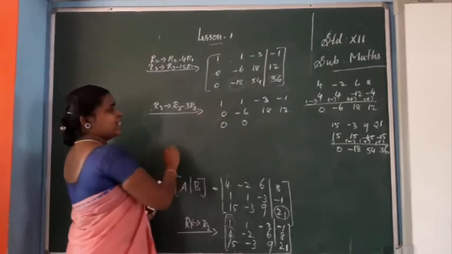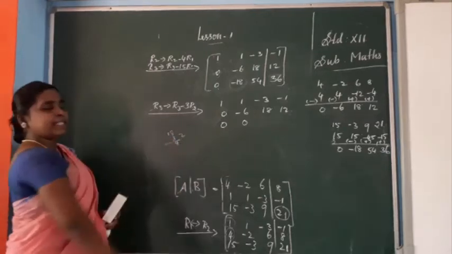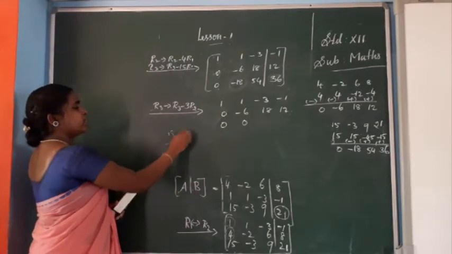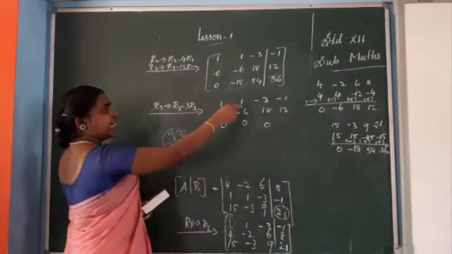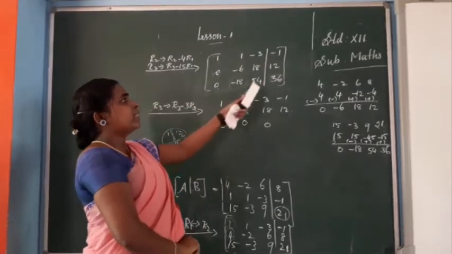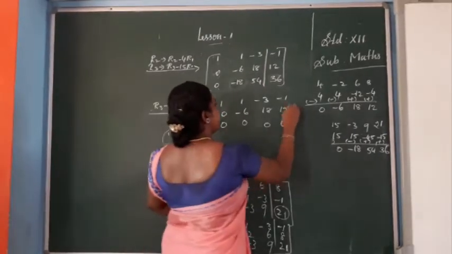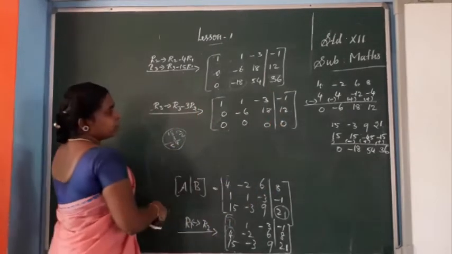Next 18 into 3, you get 54. So 54 minus 54 is 0. Next, 3 12s are 36. So 36 minus 36 is 0. Okay. So the last row is fully 0.